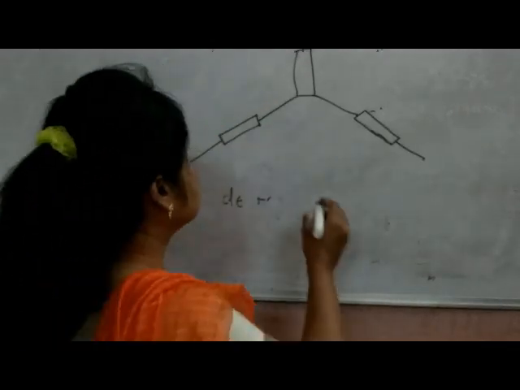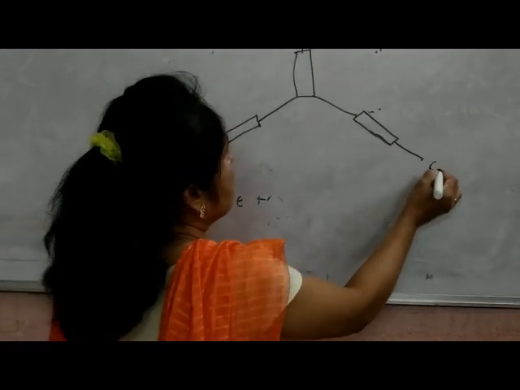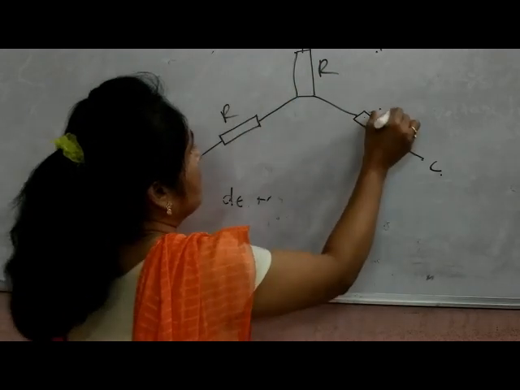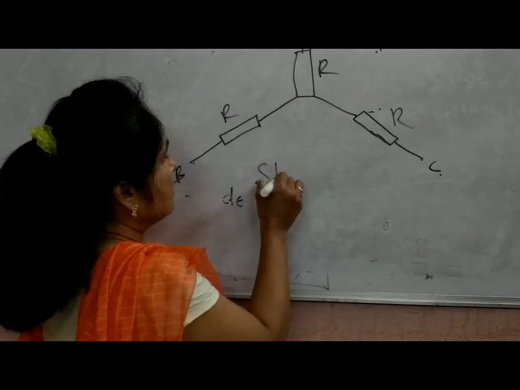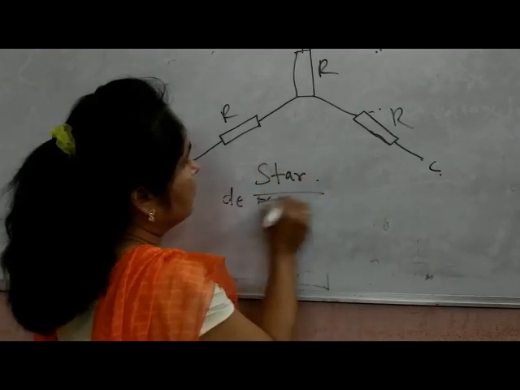These are the structures A, B, C. For instance, here I have repeated, so this is the star connection.